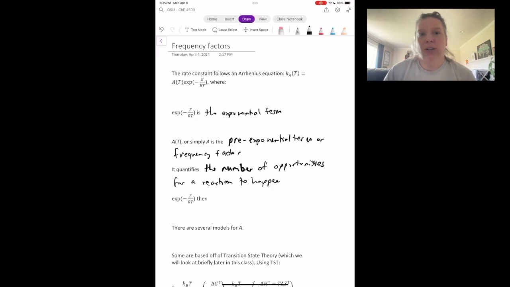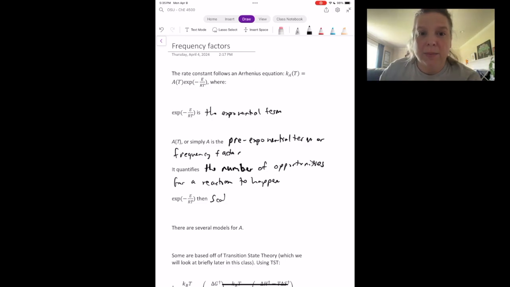The exponential term is then going to scale that total number of opportunities by the probability of occurrences that have sufficient energy to promote the reaction. So the exponential term is kind of like a probability.